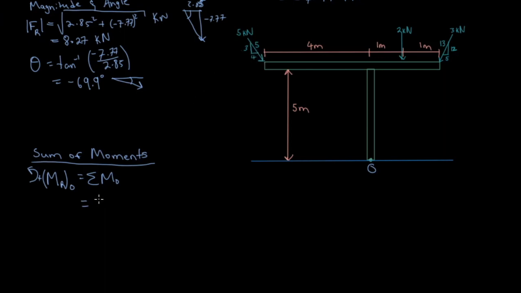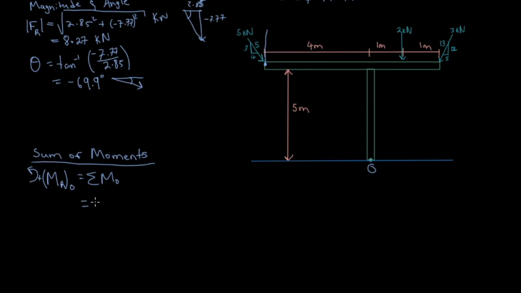As you know, the moment is equal to the force times its perpendicular distance. So what we are looking for here is this component of the force times the perpendicular distance from O, which is this distance here, 4 meters.